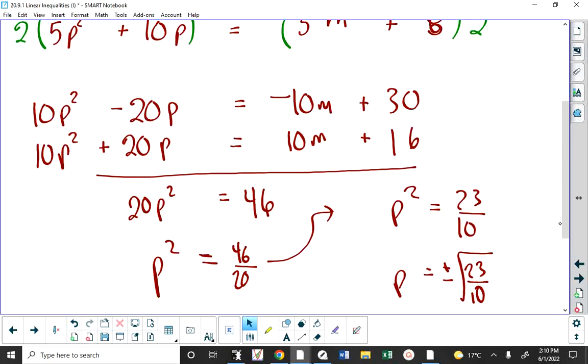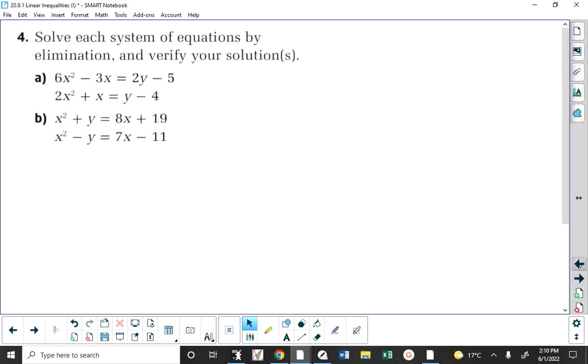Yeah, Sasha. 4B? All right. 4B is primed for elimination. The reason is the x squareds line up with x squareds, y's with y's, x's with x's, and numbers with numbers.